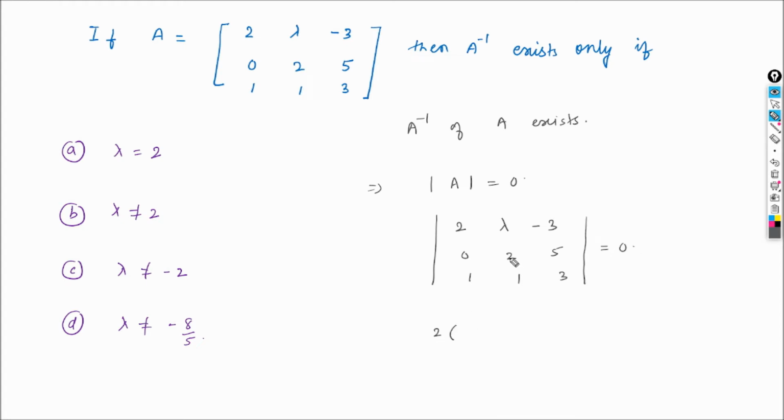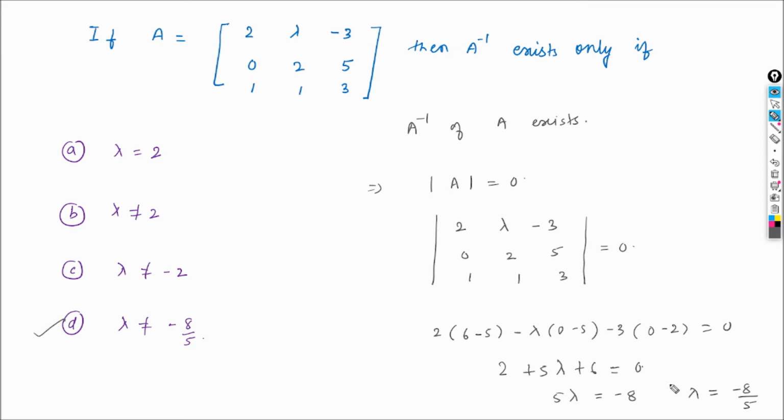So 2 into 6 minus 5 minus lambda into 0 minus 5, minus 3 into, deleting this and this, 0 minus 2 is not equal to 0. So this is 6 minus 5 means 1, 1 into 2 means 2, plus 5 lambda plus 6, 5 lambda is equal to minus 8.